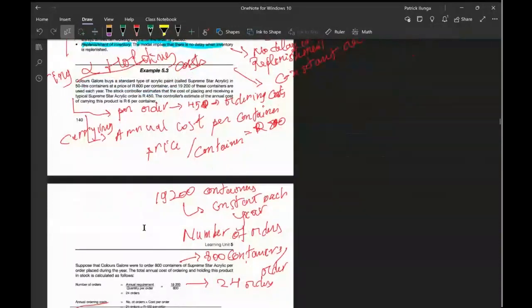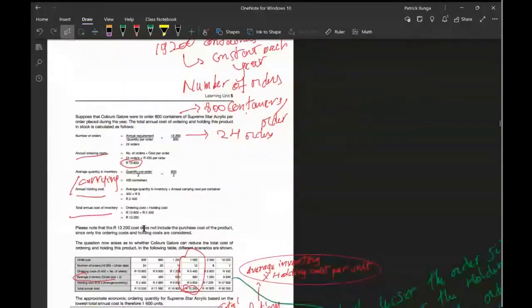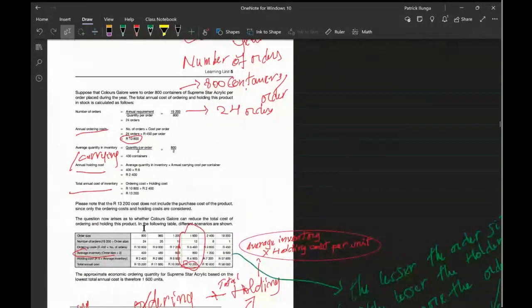Like I said again, the best way to understand this is to do the example. You need to know, for example, the number of orders, very important, and the annual ordering cost. As you can see here, there are 24 orders being made. We take the annual requirement divided by the quantity per order. Straightforward, a simple fraction. The annual requirement is how many units of something we're using for our production for the year.